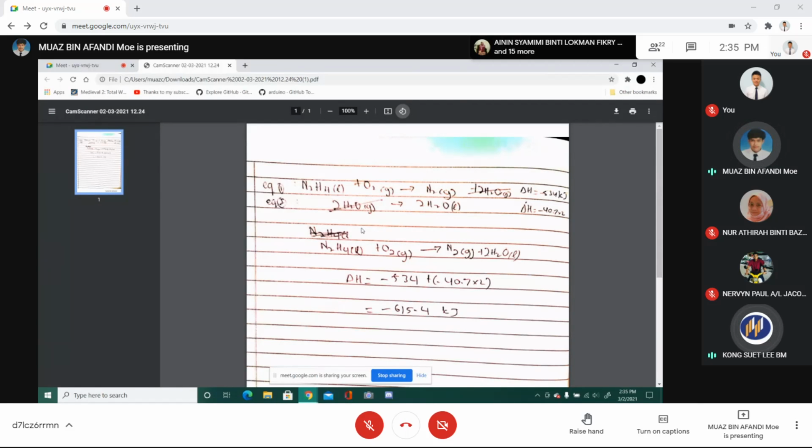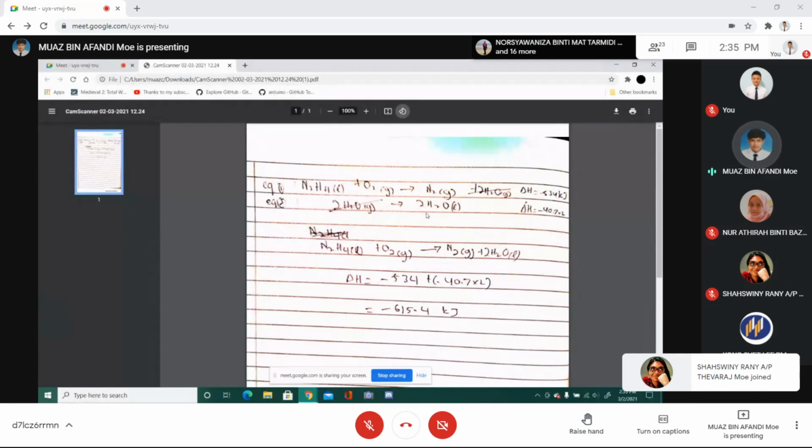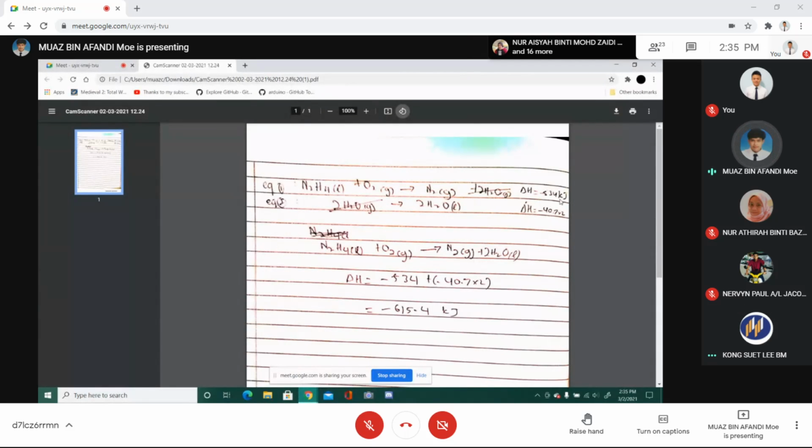Lepas tu kat bawah ni dia bagi H2O liquid jadi H2O gas, dia tambah 40.7 kJ. Tapi kita nak jadikan yang liquid, so kita pusingkan dia jadi negatif 40 kJ. Dia kena darab 2 sebab dia nak 2H2O.